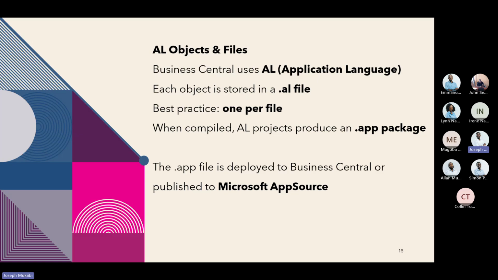If you're dealing with a page, you put a page and then that one AL file. So when you compile, an AL project produces a .app package. Then the .app file is deployed to Business Central or published to the Microsoft App Store.